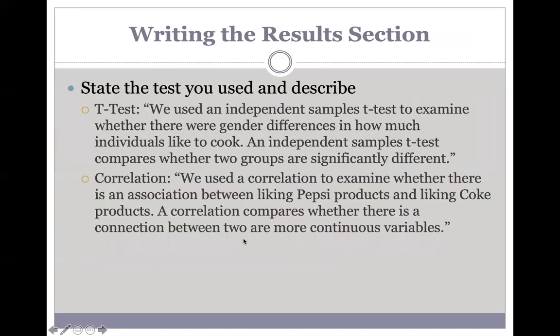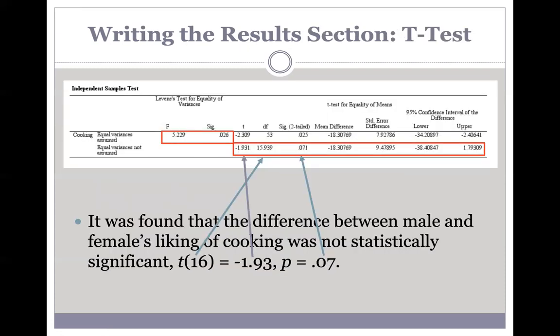So you would say, we used an independent samples t-test to examine whether there were gender differences in how much individuals like to cook. It was found that the difference between male and female's liking of cooking was not statistically significant, and then you put the t-test. What a good two sentences that describe your results succinctly. So great.